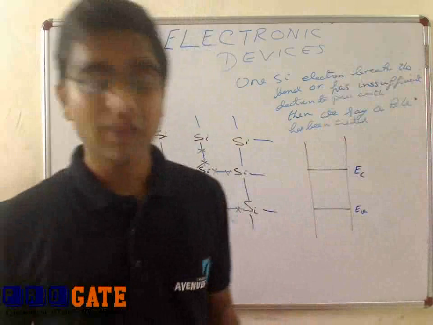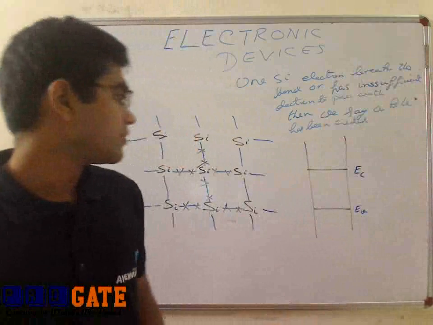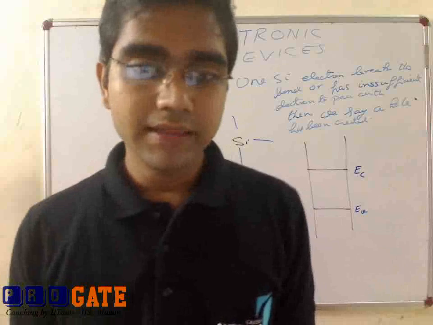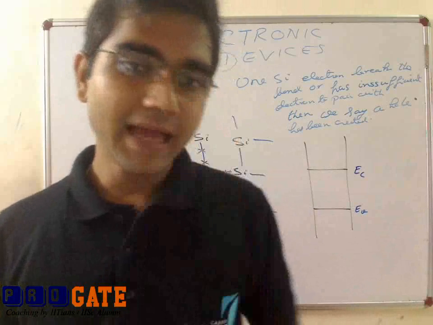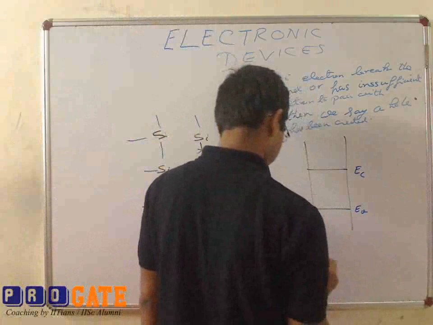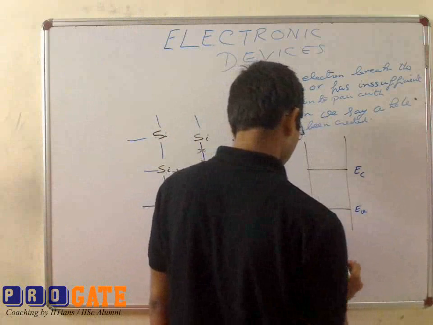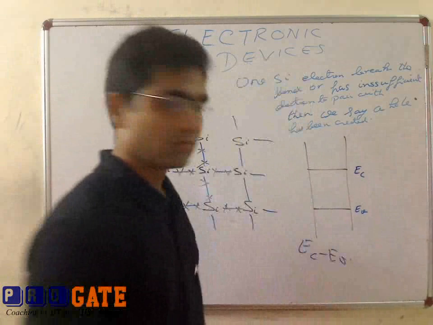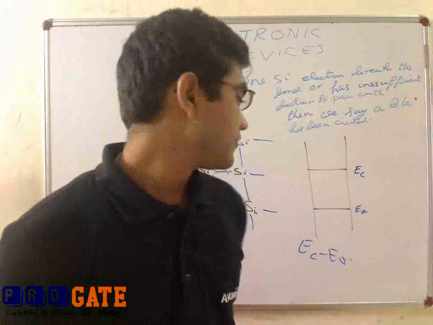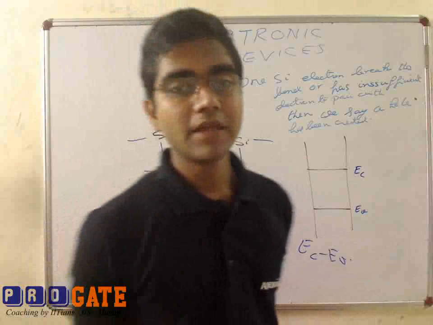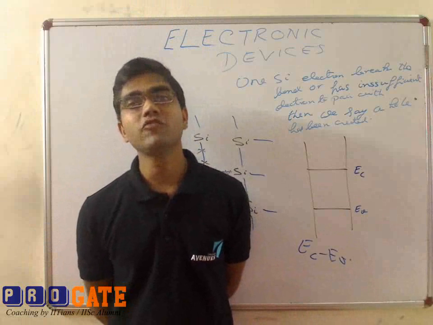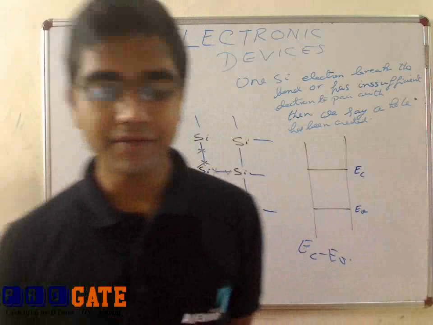And the highest level of energy of the valence band is taken to be EV. Therefore, the forbidden gap becomes EC minus EV. If the forbidden gap increases, then we approach insulator behavior. If the forbidden gap is reduced, we get conductor behavior.